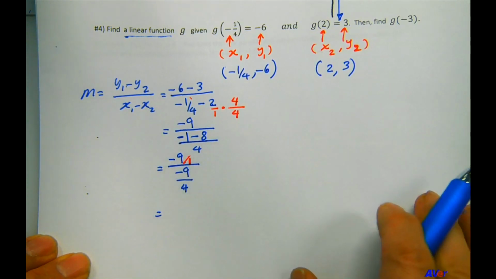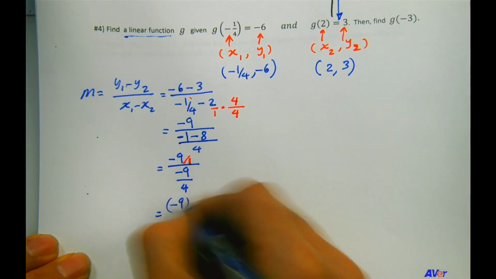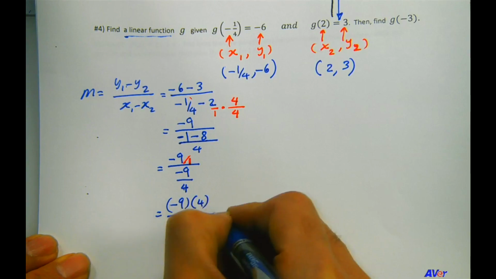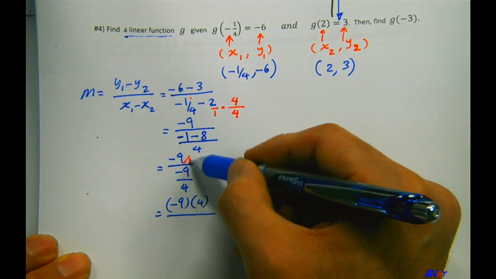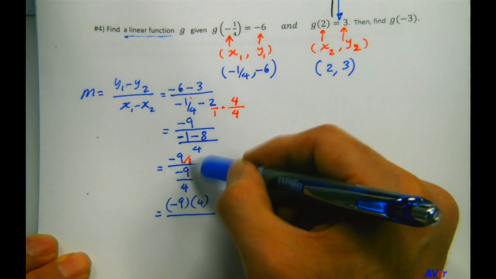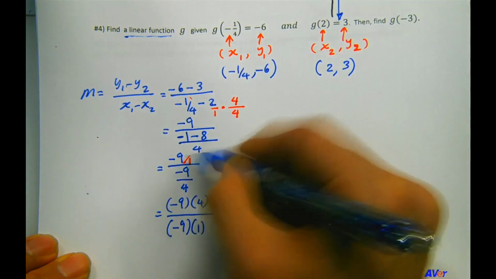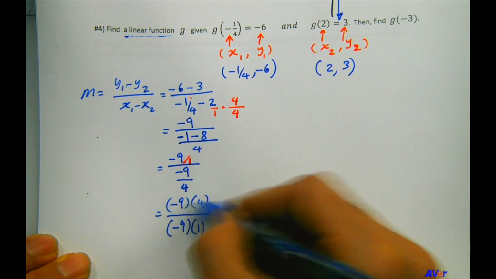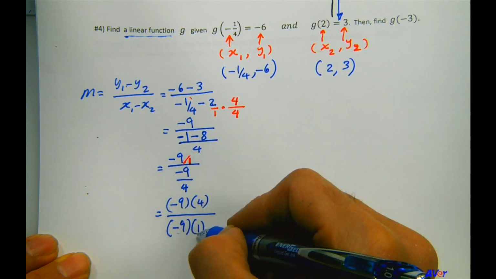In this case, it would be negative 9 and 4. Multiply them and put them in the numerator. Then take a look at the numbers that are nearest each other, multiply them and put them in the denominator. So multiply the farthest numbers, put them in the numerator. Multiply the nearest terms and put them in the denominator.